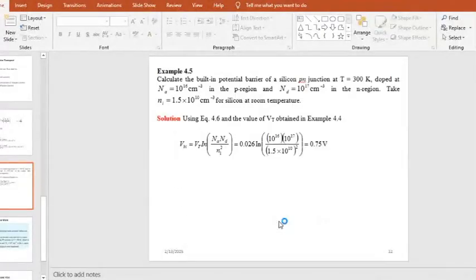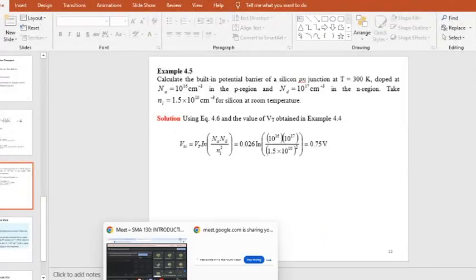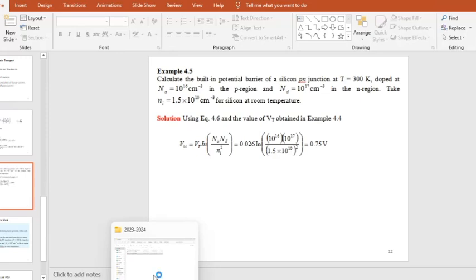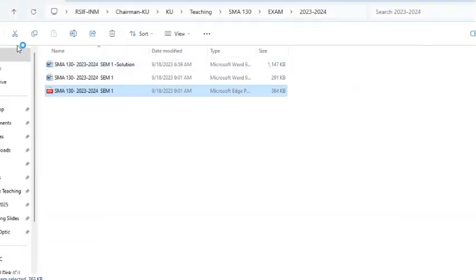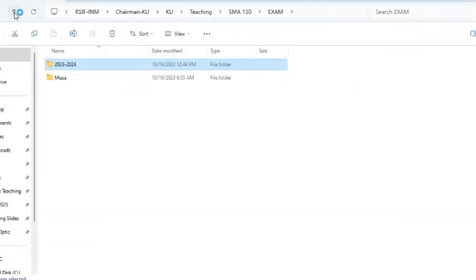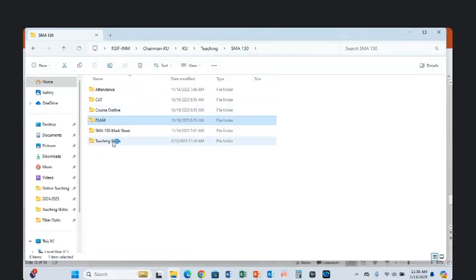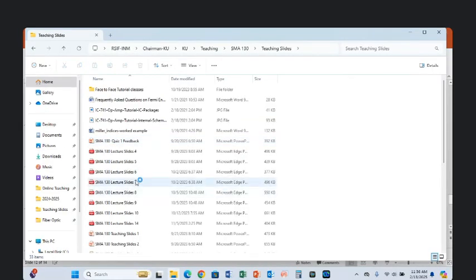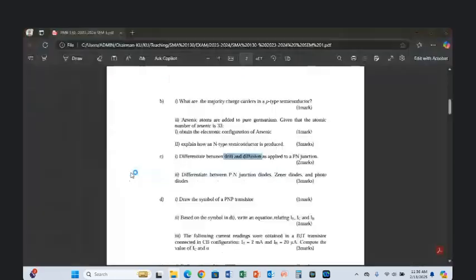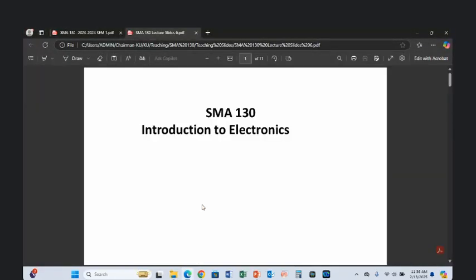There are some people who have done extremely well in CAT 1. And the others who did not do very well, I was surprised. So please, you will see when you get your papers.